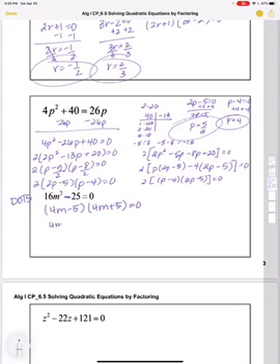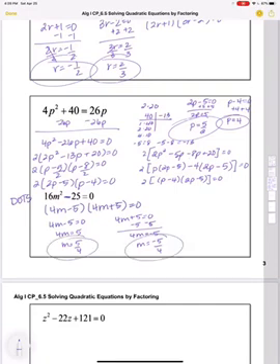So either 4m minus 5 equals 0 or 4m plus 5 equals 0. So 4m equals 5, m equals 5 over 4, or we subtract 5 and we get 4m equals negative 5, m equals negative 5 over 4. So 5 over 4 or negative 5 over 4 are the two options there.